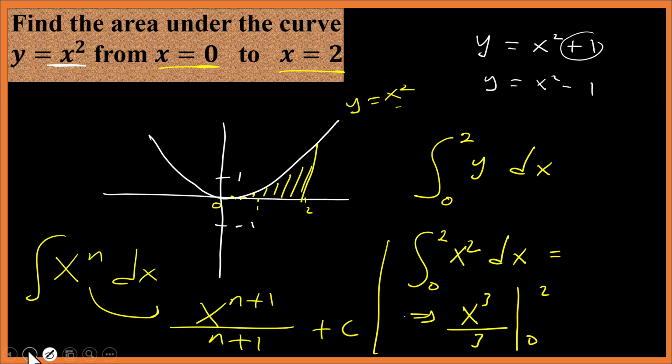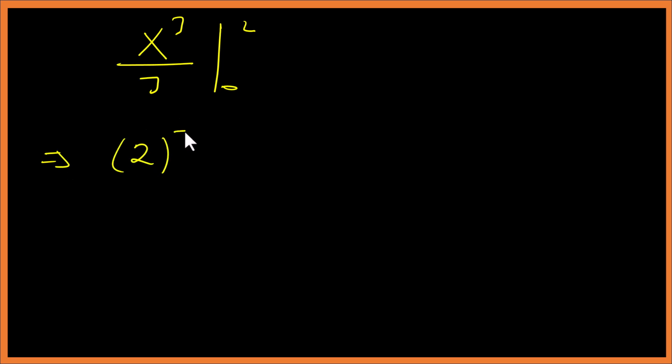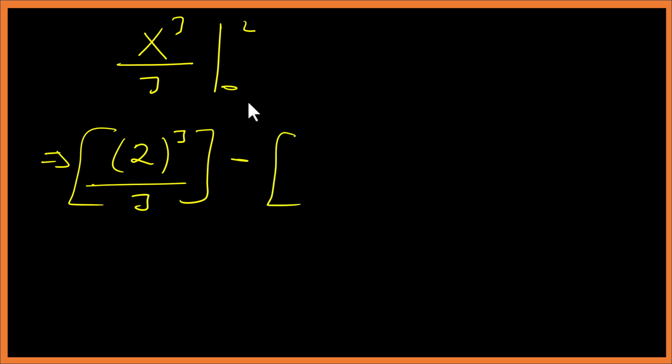So from here, x cubed on 3, this side will be 2 to the power 3 on 3, okay, minus, so we do the same for the lower limit, we are done with the upper limit, so 0 cubed on 3.